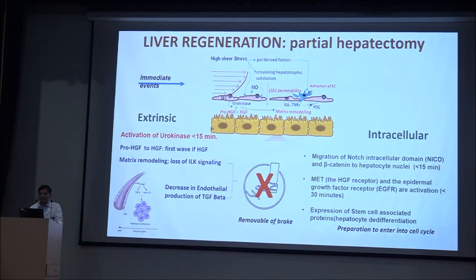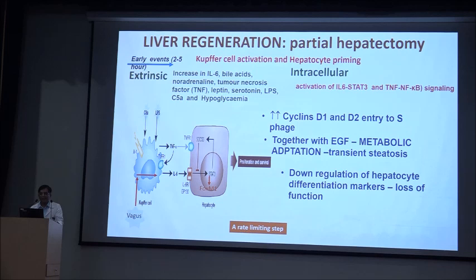This leads to the activation of Notch and beta-catenin signaling. MET and EGF receptors get activated, which also leads to the expression of various stem cell associated proteins like alpha-fetoprotein. So that basically triggers the regenerative response in the very early stage.